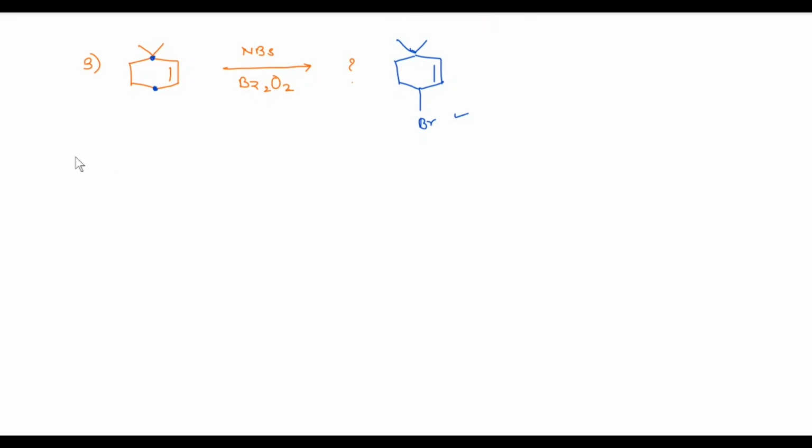In the first step, the initiation step, generation of radical takes place. So we get succinimide radical plus Br radical.